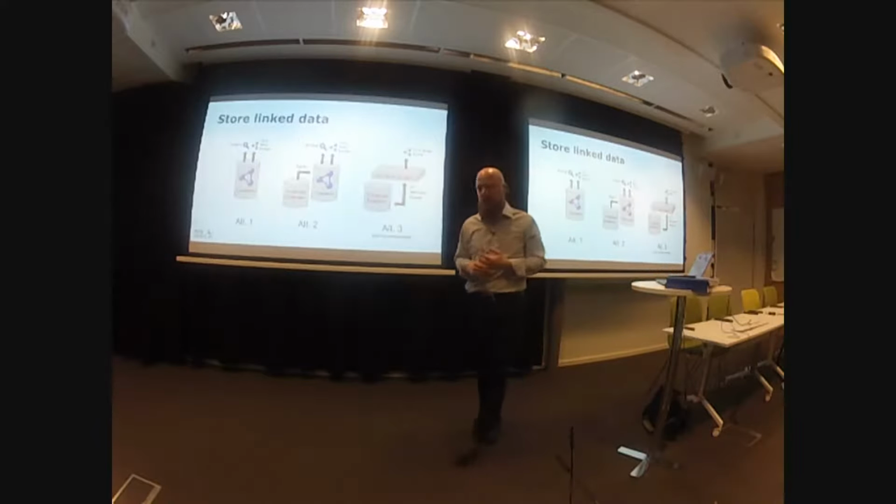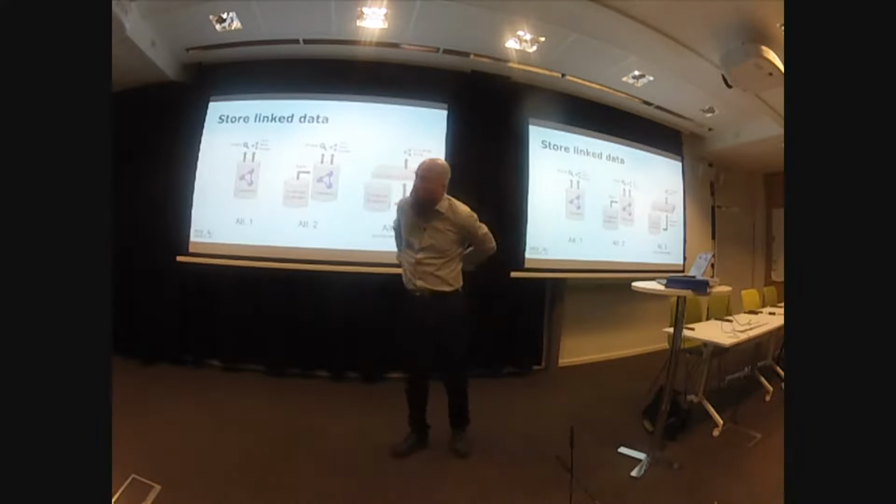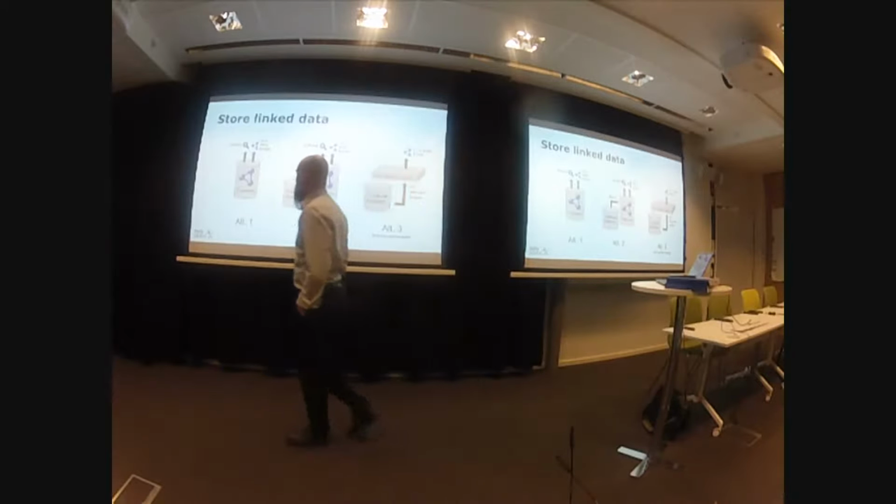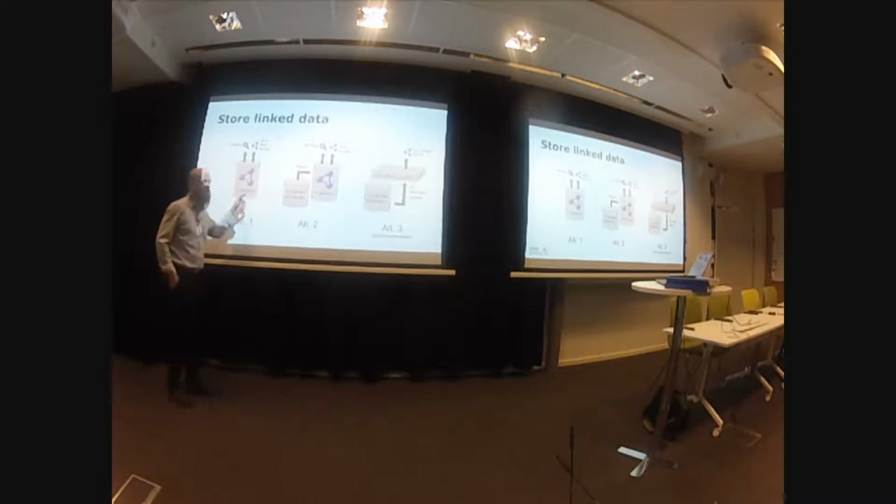To store linked data, I would say that there are basically three alternatives. The first alternative is to have something called a triple store. A triple store is a specialized piece of software that is very good at keeping tabs of a graph. There are graph databases, and this is a special breed of graph database, very good just for linked data.